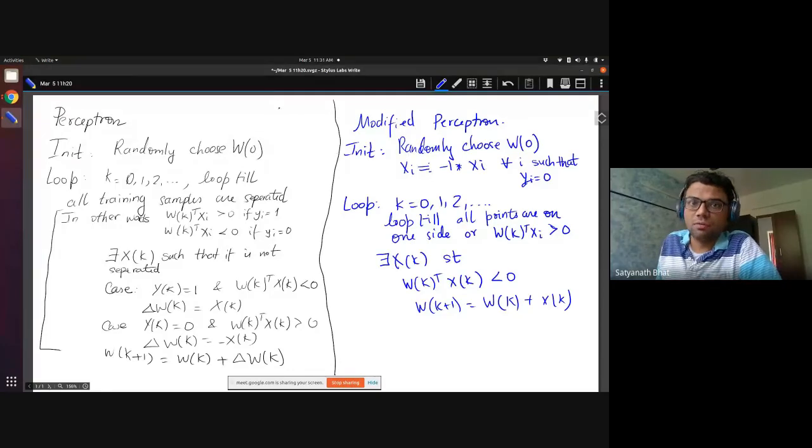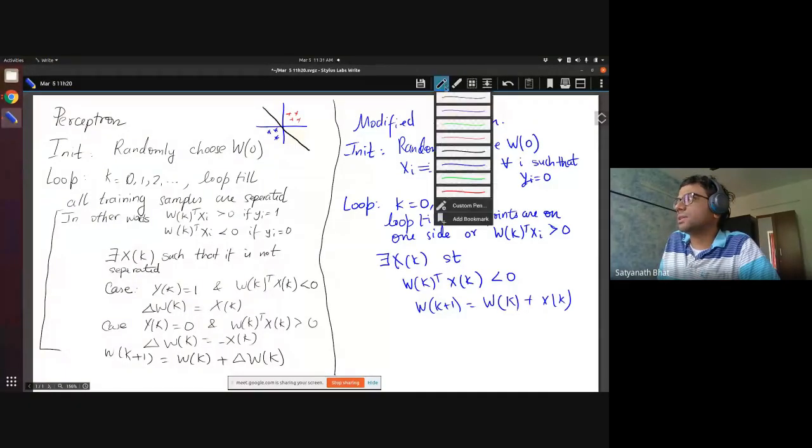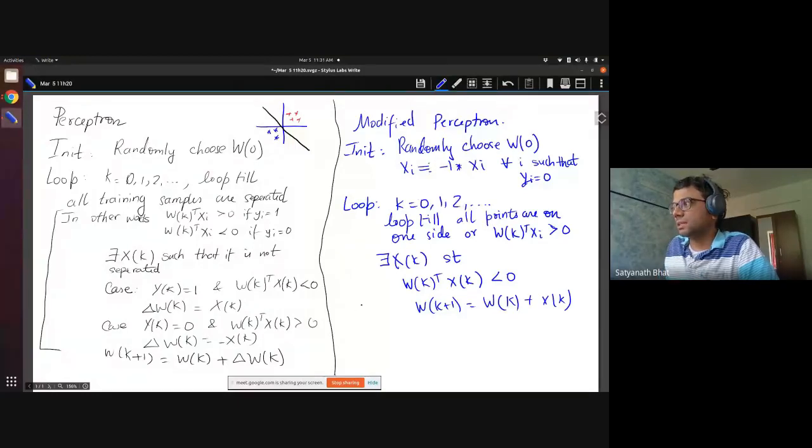If we take an example here, suppose there are a few points like this, and a few points like this. The original algorithm would give you this hyperplane. When you run the modified perceptron, it doesn't really change anything. All it does is give you the reflection of these points over into this quadrant.